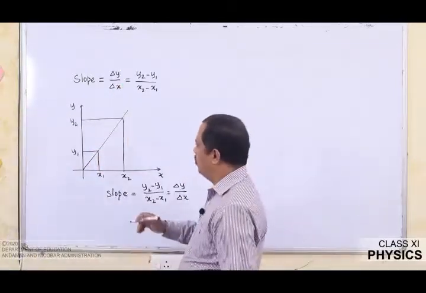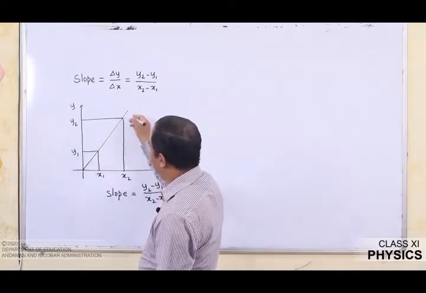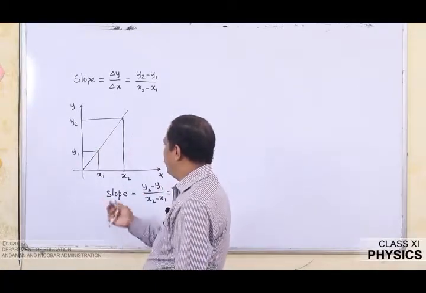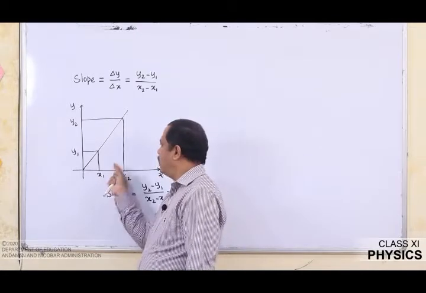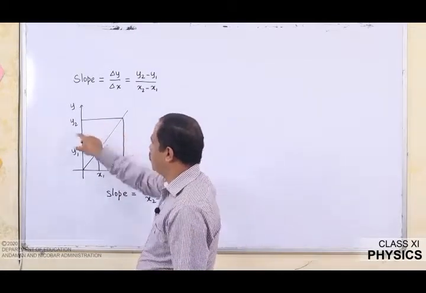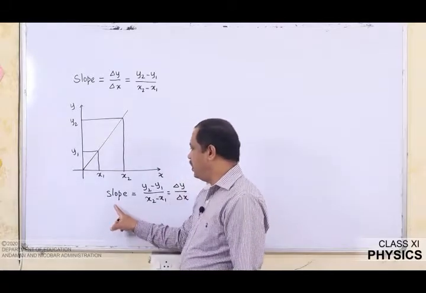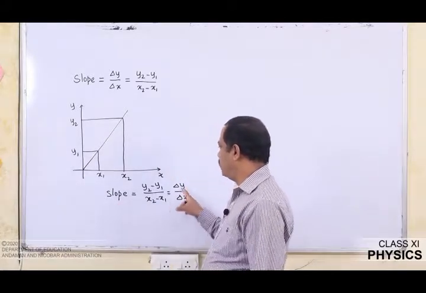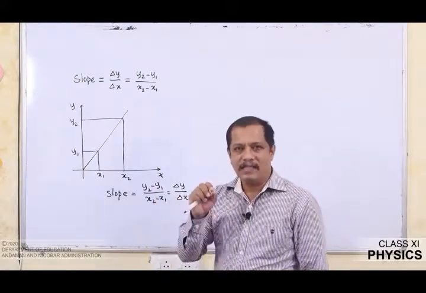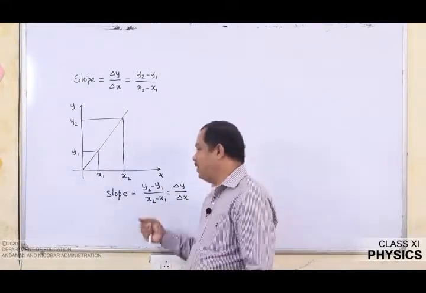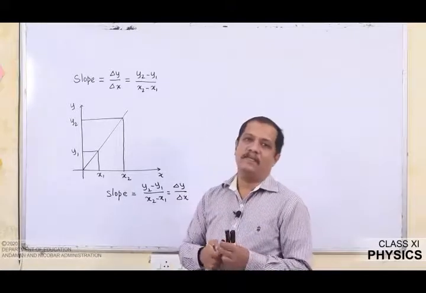Also, we saw that if the graph was a straight line, we can have any interval on x and a corresponding interval we are going to get on y. When we tried to calculate slope, we said that the slope was constant, or it was the same for all intervals of x and y.